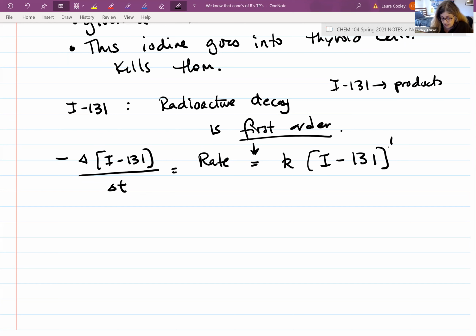Okay, so it's nice to know that this is the rate law, but what I really would like to know is, if I took a certain dosage of iodine-131, how much of that is left after 3 minutes or 3 days or 3 hours or 3 weeks? How long am I going to be glowing with radiation coming out of me? Because you're not supposed to be with other people for very long if you still have this radioactive isotope in you. So that's what you'd really like to know, right?